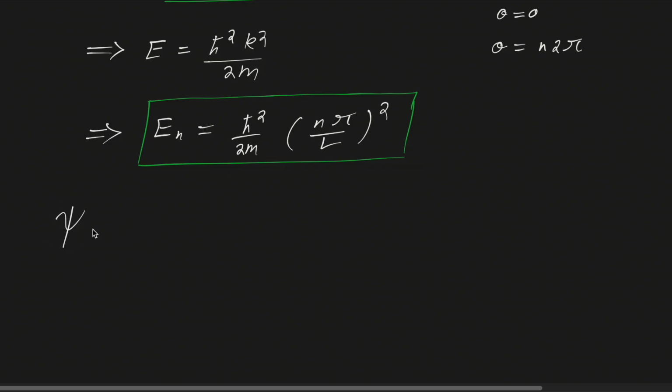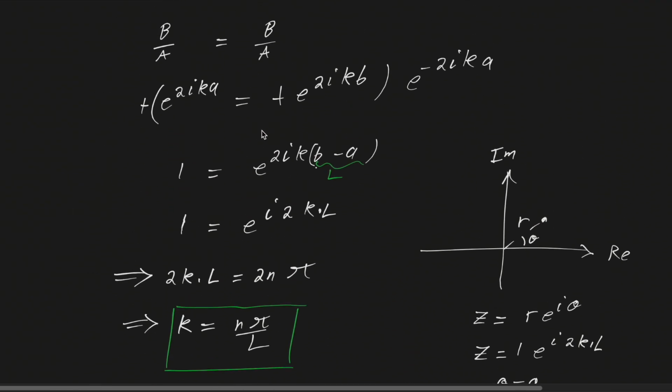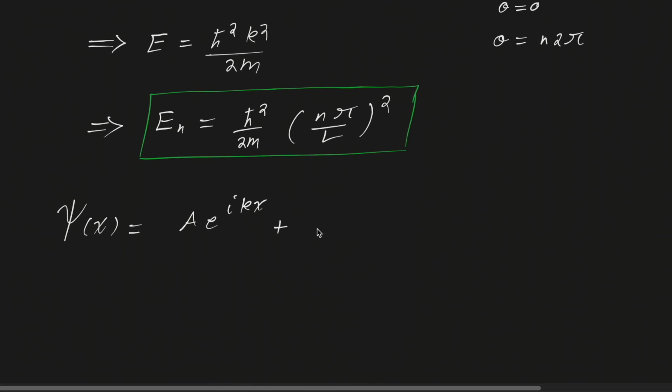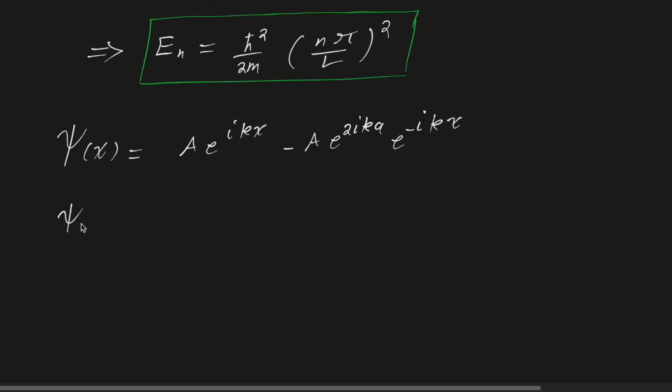Now we go back to our wave function psi of x, which equals A exponential ikx plus, instead of B, I would like to substitute this expression that we found earlier, which is minus A exponential 2ika, times exponential minus ikx. And we can take A and exponential ika as a common factor from both terms.